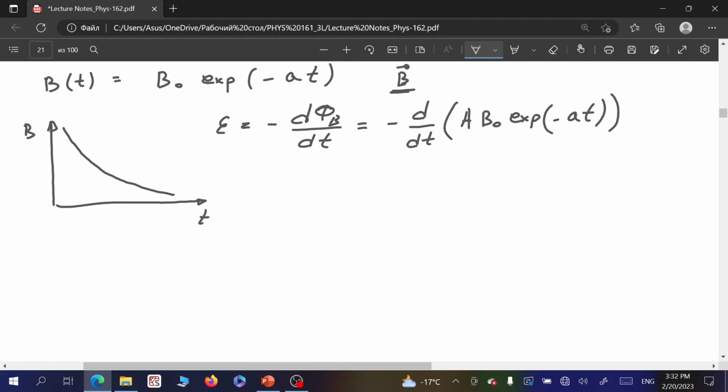So now area stays constant. B naught, this pre-exponential factor, is also constant. We need to factor them out from this derivative. So it will be area times B naught d over dt of exponent minus A t. So what will be this derivative?